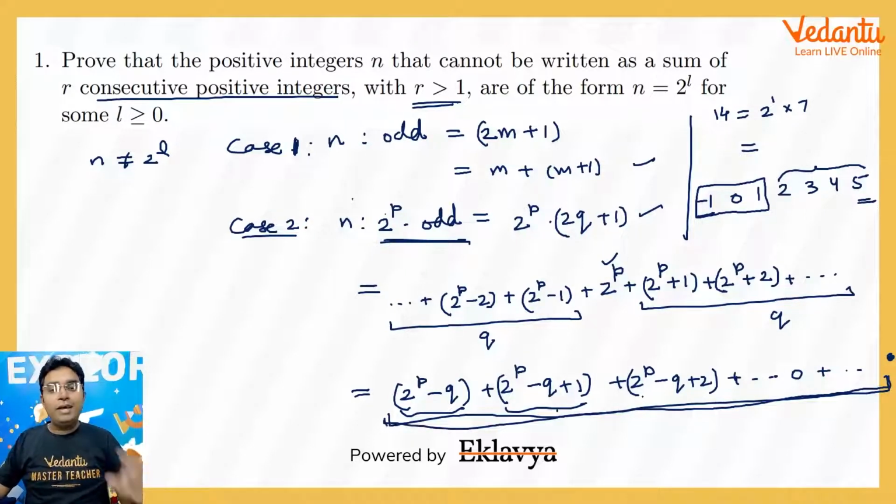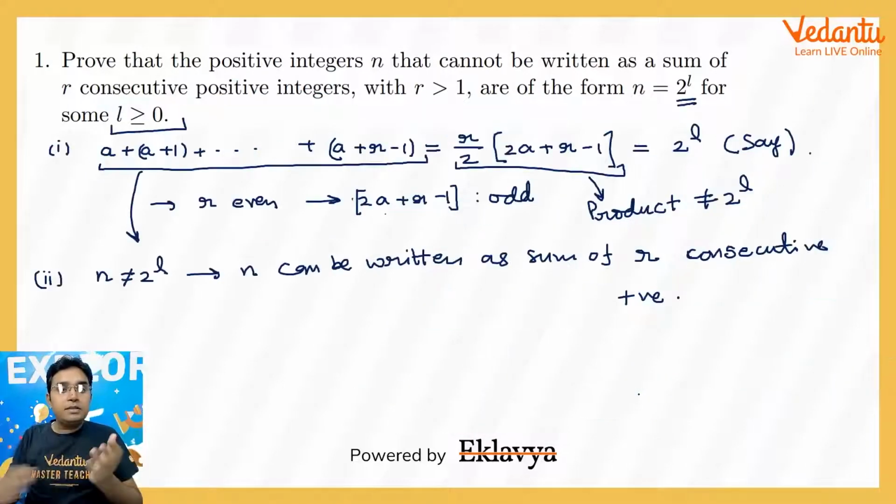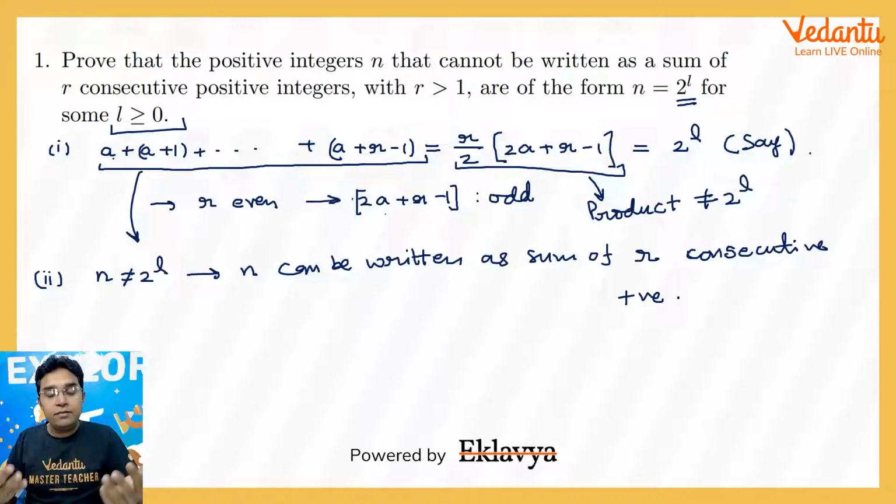So this is how we can say that any number that is not of the form 2^l can be written as the sum of r positive integers. A number that can be written as the sum of r consecutive positive integers cannot be 2^l. So I think we have proved that a number is not 2^l if and only if it can be written as the sum of r consecutive positive integers.